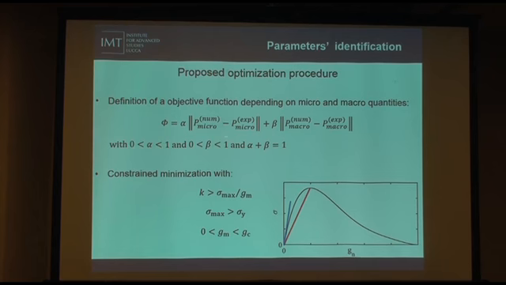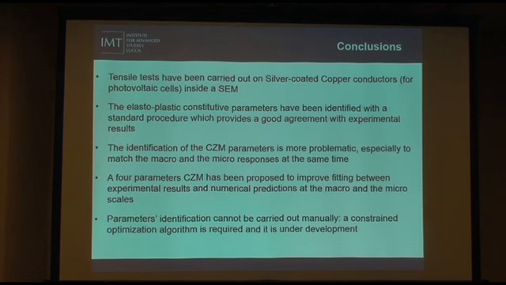The micro part could depend, for example, on the crack mouth opening, and the macro part on the force and the displacement. We can weigh them in order to retrieve at which scale there is more important diffraction. Also, it has to be a constrained optimization problem in order to avoid unphysical results.